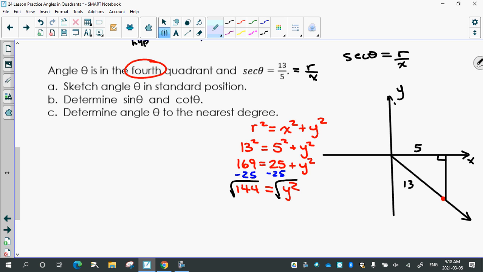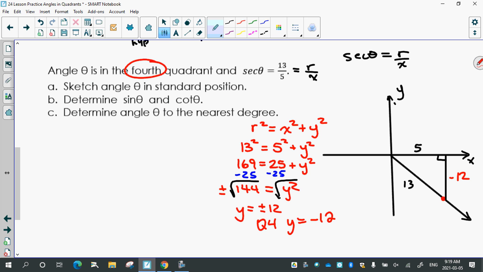And then we'll get that Y is either positive or negative 12. And it depends on the quadrant. So in quadrant 4, Y would be positive or negative. Which one makes sense? Negative, because you go 5 across and down 12 to get to that point. So in quadrant 4, Y is negative 12.